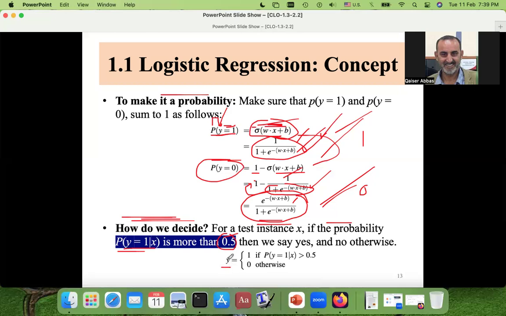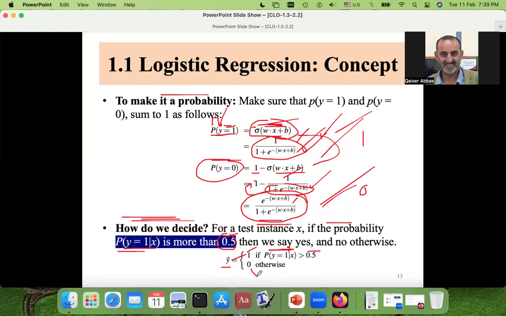And then here we write y cap, because this is the final answer by the model. Y cap means estimated class, predicted class. The value of y cap would be 1 if the probability value on any input is greater than 0.5, and 0 otherwise.